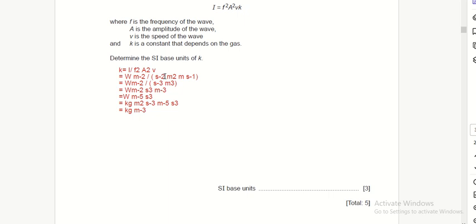frequency is second minus 2, A squared, meter squared, v meter second minus 1, all of this in the denominator. So they can be first reduced to this, and after that goes up to the numerator by reversing the power, and once again we can reduce, and what can be expanded is kilogram meter squared second minus 3.